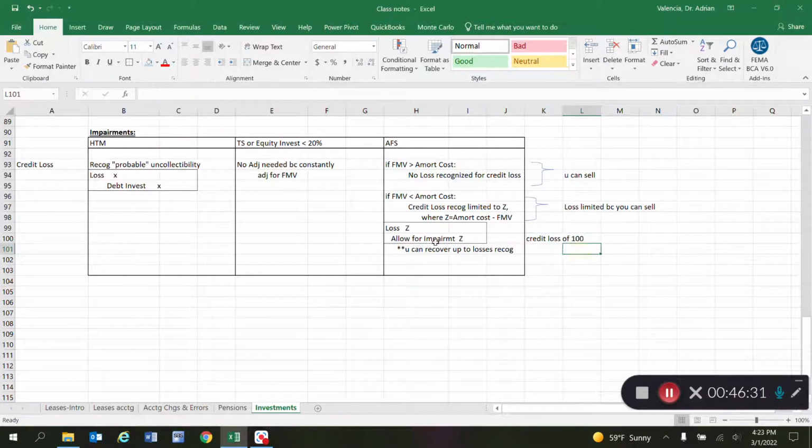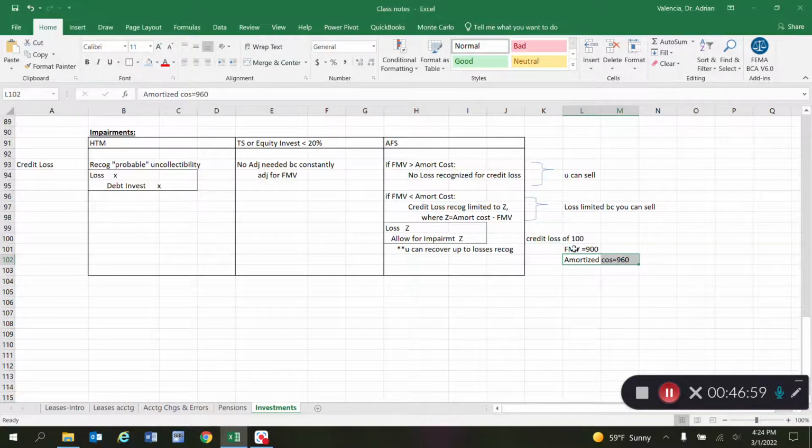But if the fair market value of that debt investment is $900, and the amortized cost, and I'm making these numbers as we go, is in this case $960, in other words, the debt investment is on my books at $960.